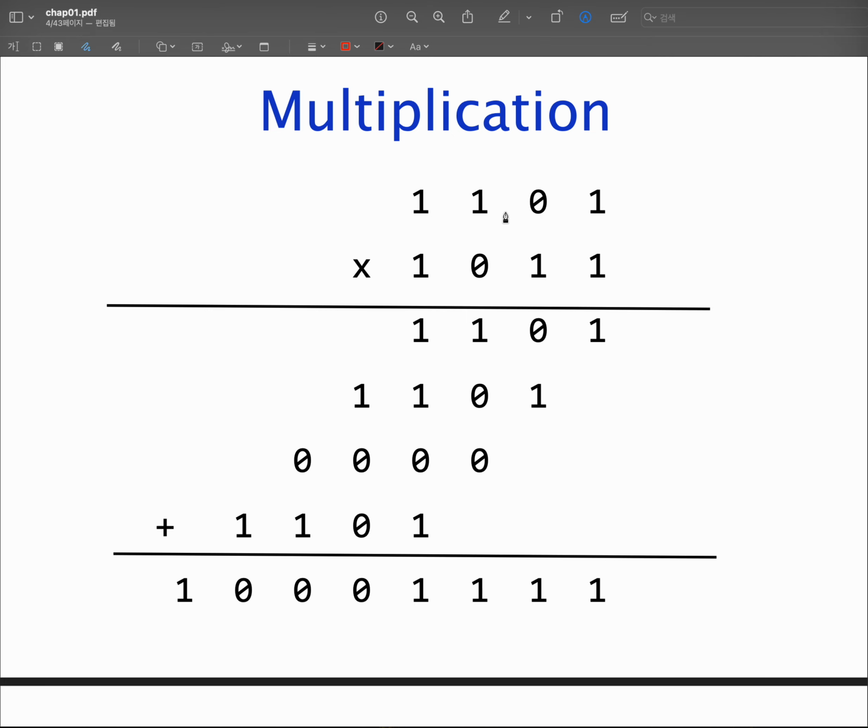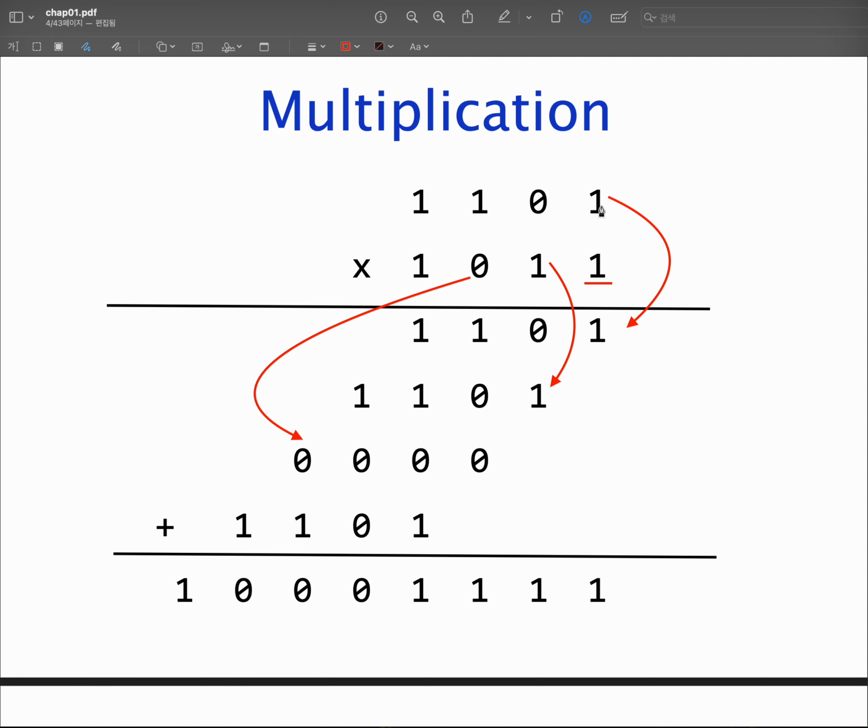Here we have the upper number and the lower number, and the upper number is composed of ones and zeros, and the lower number is also composed of ones and zeros. If the digit is 1, then the number will be written directly here. If the digit is 0, then the row will be 0.